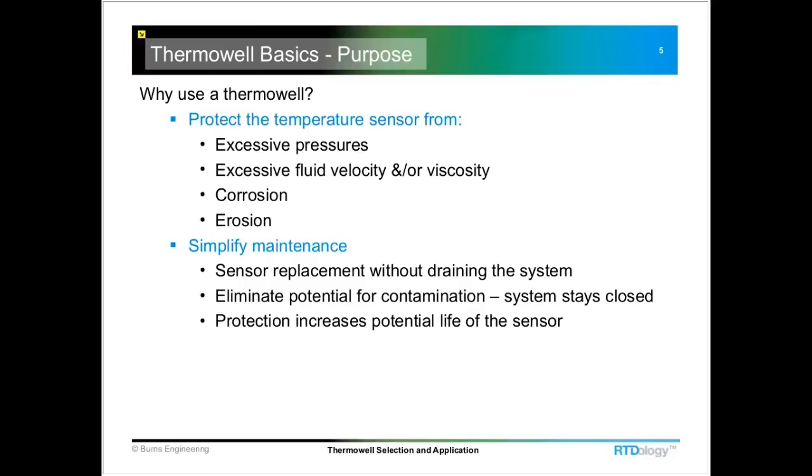But probably the biggest, most important use of a Thermowell is just to protect that probe from either high flow rates or high viscosity fluids, or it might be a very corrosive or erosive medium that you have inside your piping.